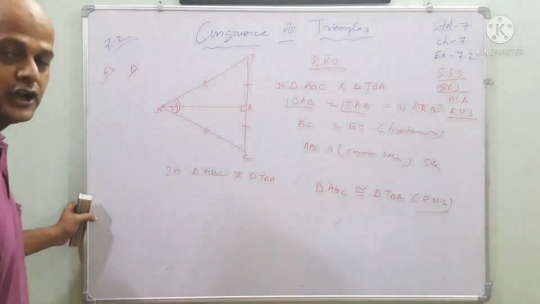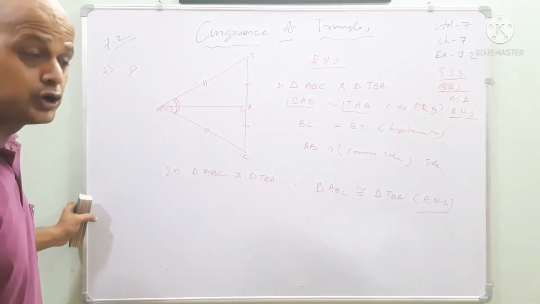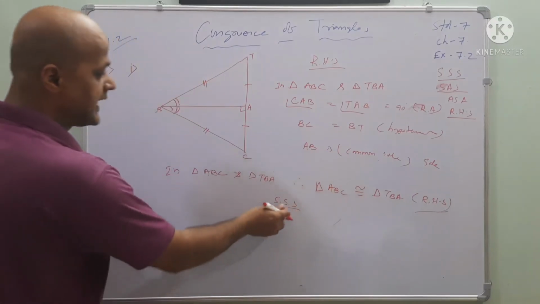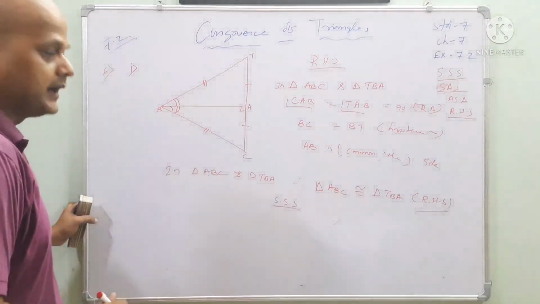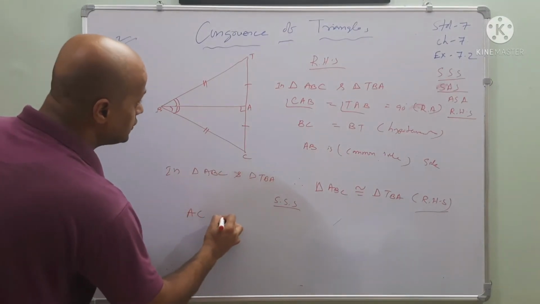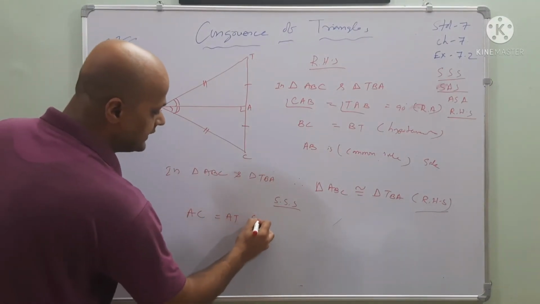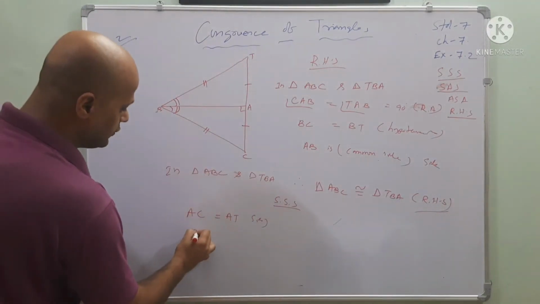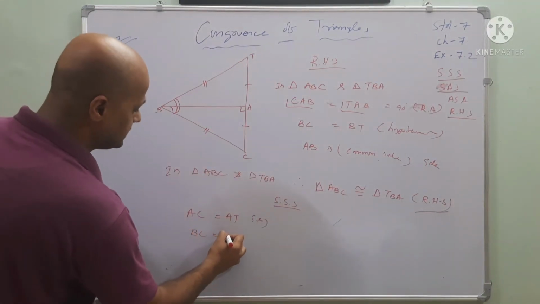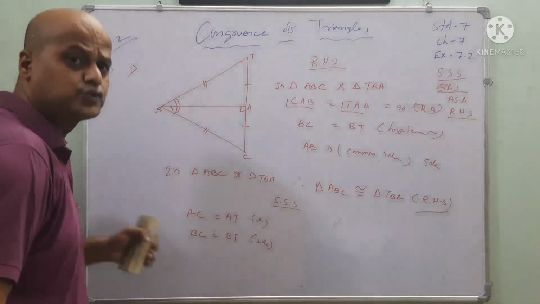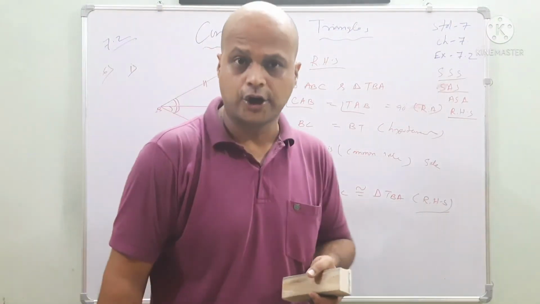In these two triangles, which one is equal to other? By following SSS rule, means side, side, side. Yes, very good. First one in the below you can take. AC is equal to AT. This is the side. Another side, yes, it is already visible to you. Whatever visible, just write it. BT. It is also a side. The hypotenuse is one of the sides of the triangle or not?